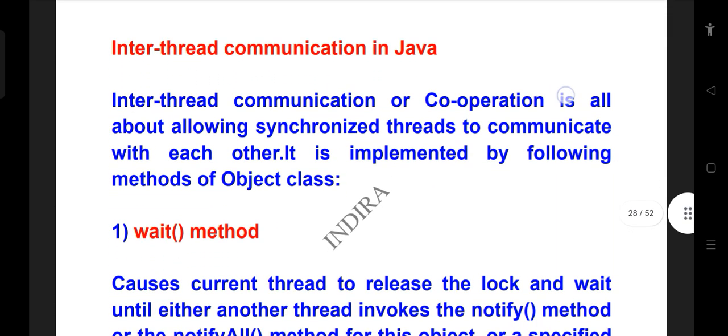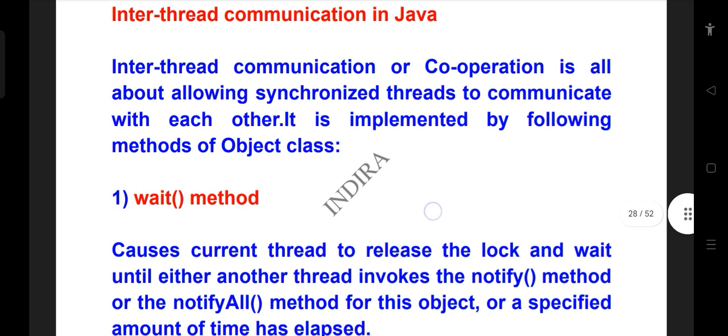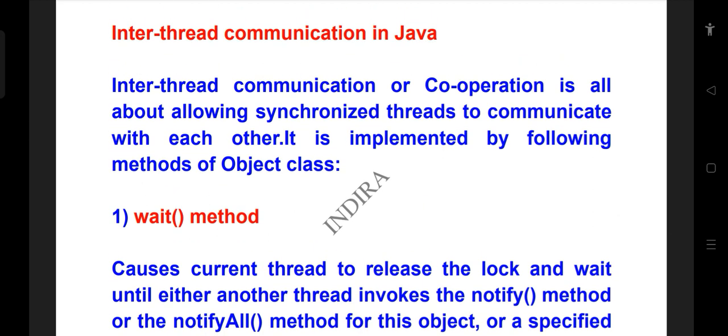Interthread communication in Java. This is another topic in this unit. Interthread communication in Java is all about allowing synchronized threads to communicate with each other. It is implemented by the following methods. So these are the methods to communicate between threads in Java. Interthread communication is nothing but threads communicating with each other within the program.